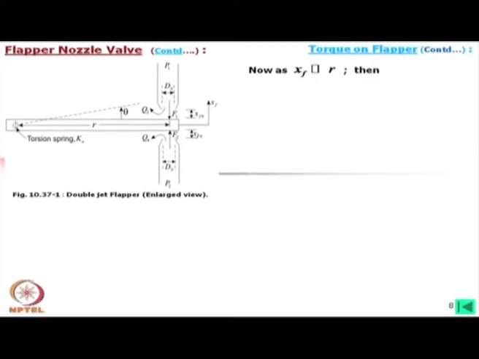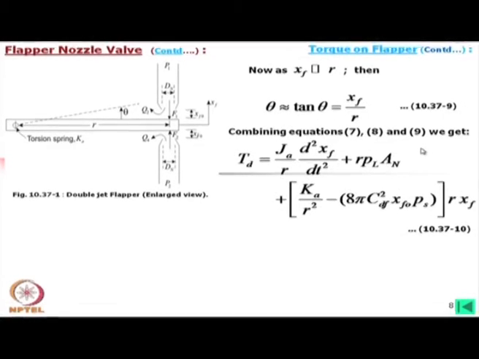This is actually xf much less than r, that means this length, and xf is the spool movement, and for that we can consider tan theta. Actually, we have to consider tan theta, which is xf by r, almost equal to theta, and therefore we can combine these three equations 7, 8, 9, and we will get the torque equation in this form.